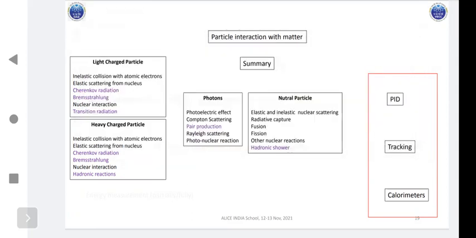So all those elastic and inelastic interactions are listed here. I have made them different colors just to make you comfortable with the information that these specific interactions are used to build specific types of detectors.